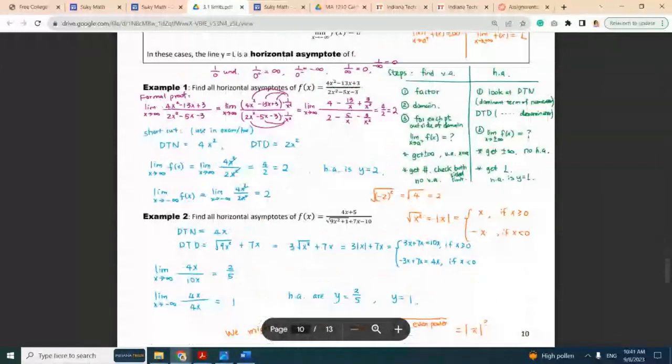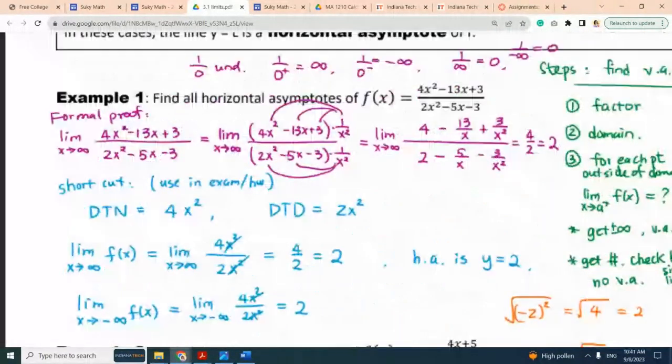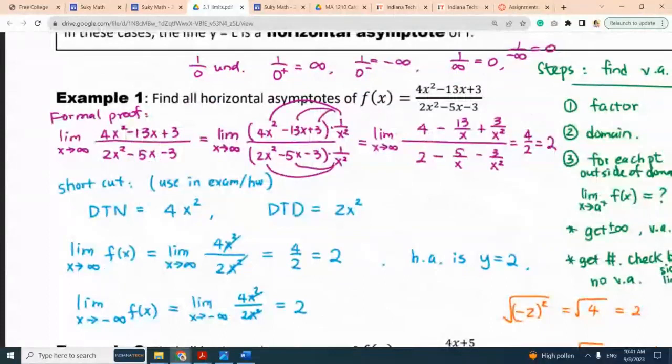A formal proof would divide the numerator and denominator by the highest x power, which is x squared. Then you distribute. Do you see 4x squared over x squared becomes 4, minus 13x over x squared becomes 13 over x, and here 3 over x squared? And you also distribute the denominator. You get something like this.